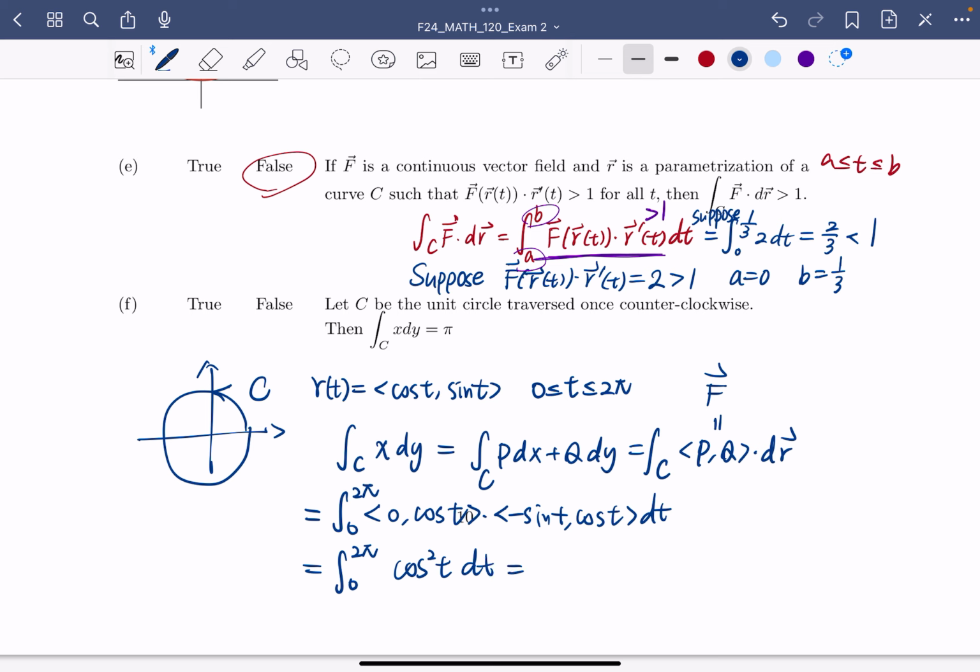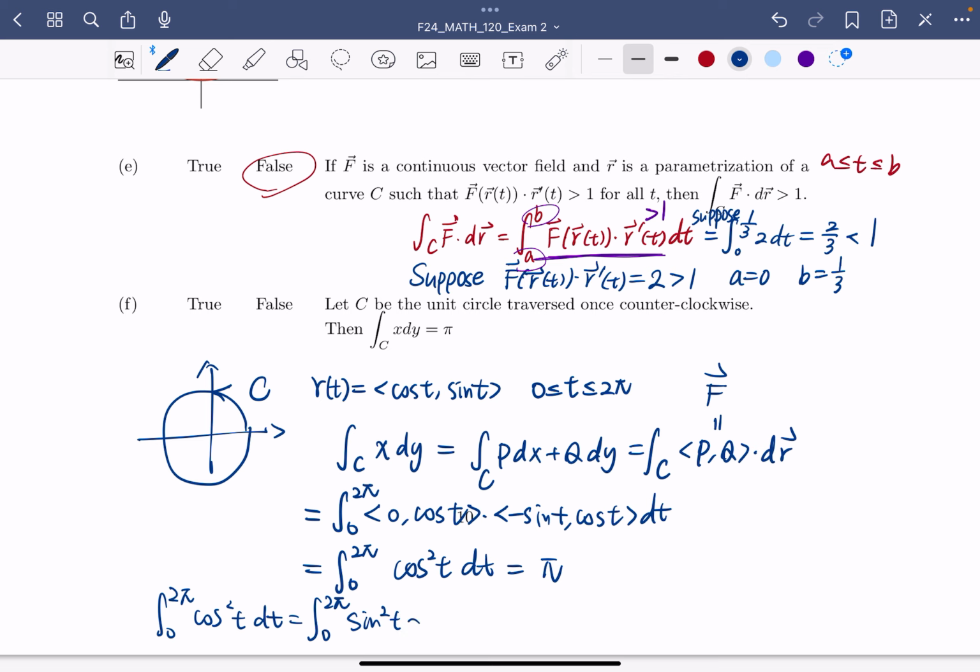And the answer for this integral is pi, because sine and cosine only differ by a translation.